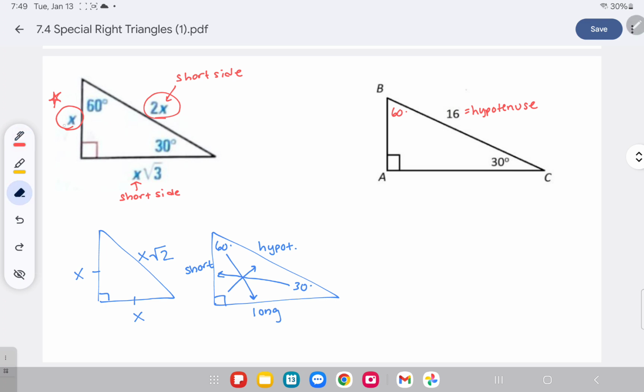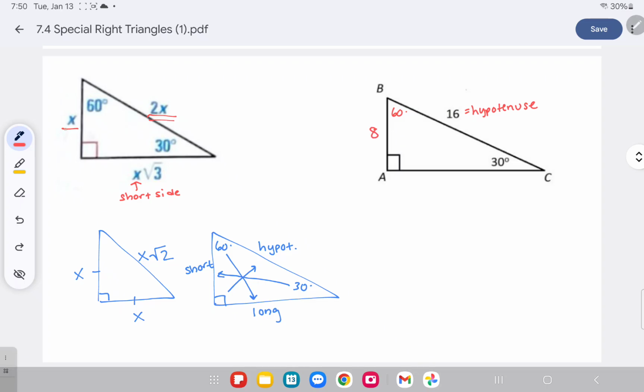Let's look at this little diagram to help us out here. Our hypotenuse is labeled with a 2x. Our short side has an x. So in order to go from our hypotenuse to our short side, we need to divide by 2. So if our hypotenuse is 16, that means our short side is 8.